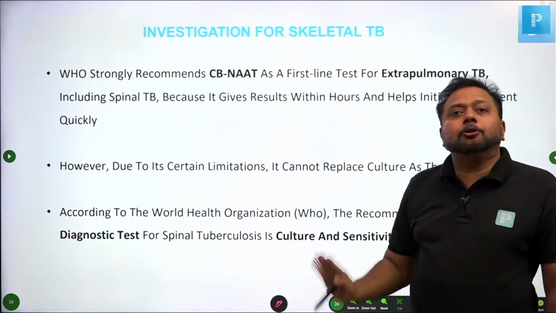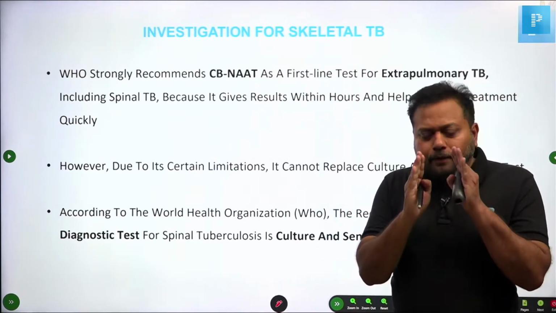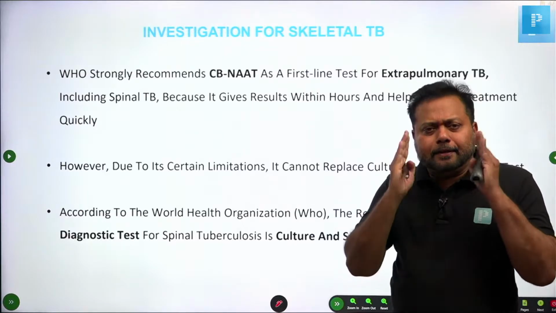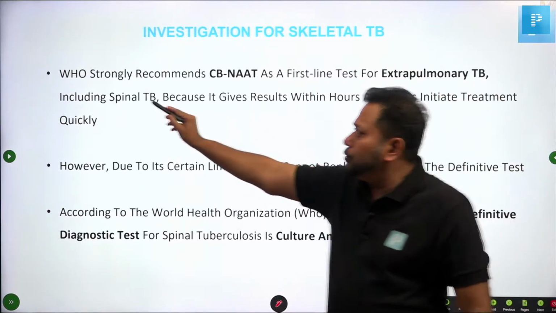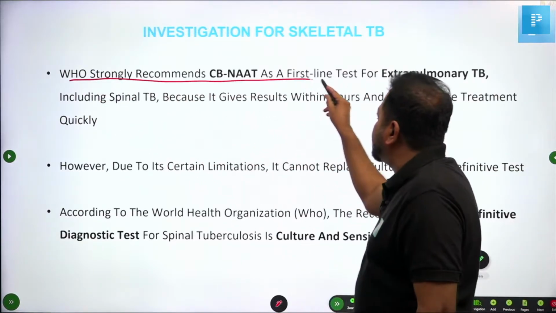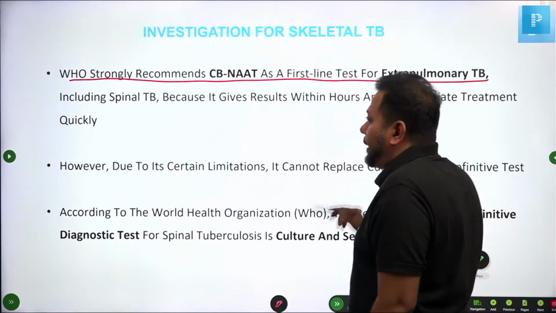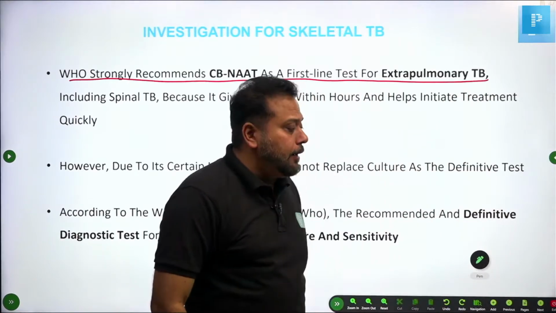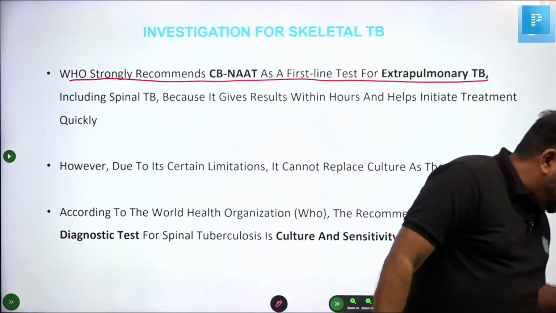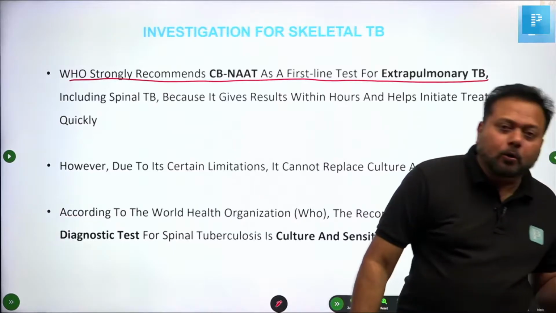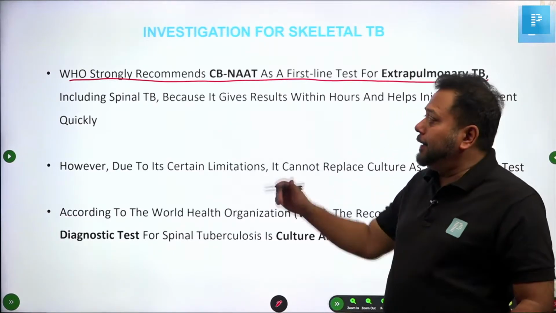Investigations for skeletal tuberculosis, our orthopedic skeletal tuberculosis. WHO strongly recommends CB-NAT as the first line test for extrapulmonary tuberculosis. If they use the word first line test, Ratan Deepak, you have answered it correctly. Excellent.